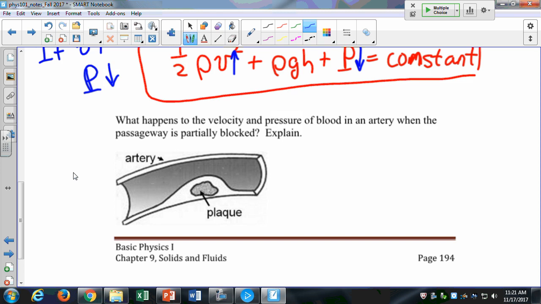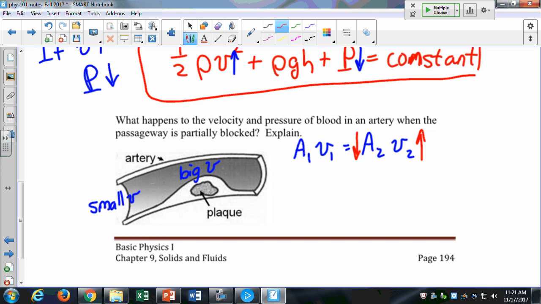Is it going to be bigger or smaller? It's going to speed up. Right, so here I have small v, and here I have big V. Because remember, A1V1 equals A2V2. If A2 is small, that means V2 is big. So I got a big speed in the fluid inside the artery.